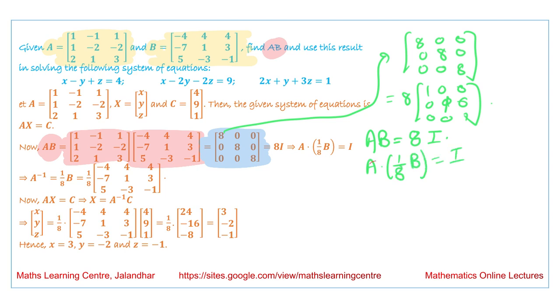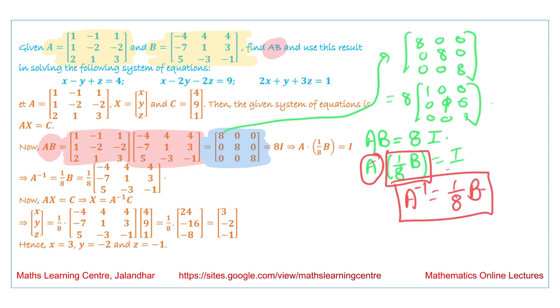What does this imply? A into 1 by 8 times B is I, which means that A inverse is equal to 1 by 8 times B. So A inverse is equal to 1 by 8 times the matrix minus 4, 4, 4, minus 7, 1, 3, 5, minus 3 and minus 1.